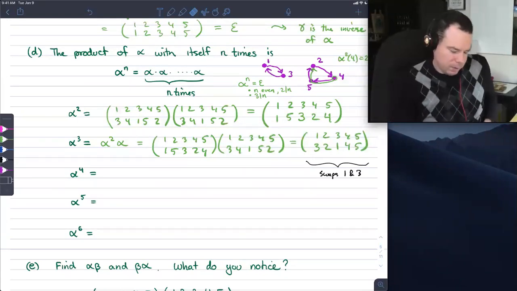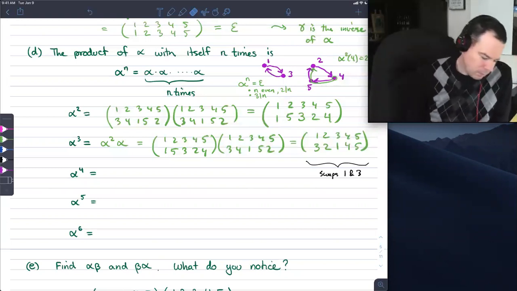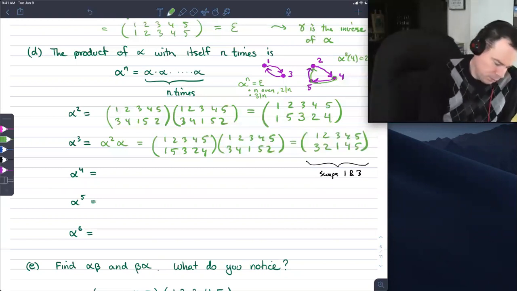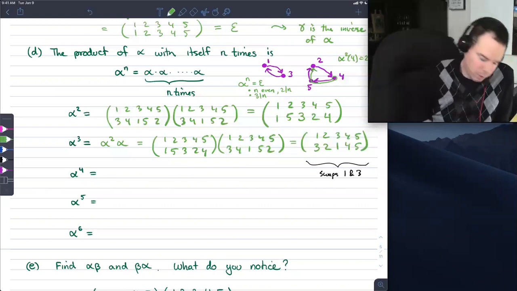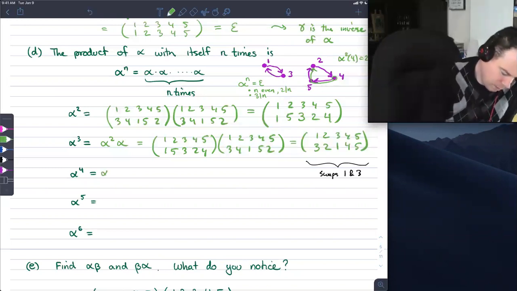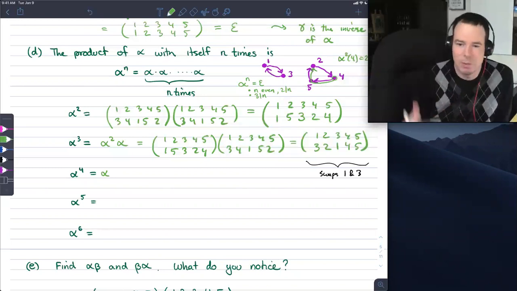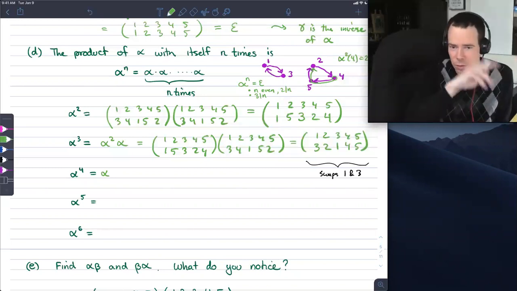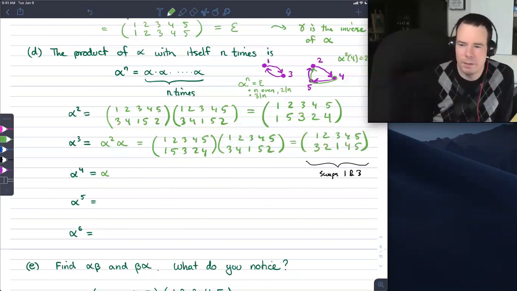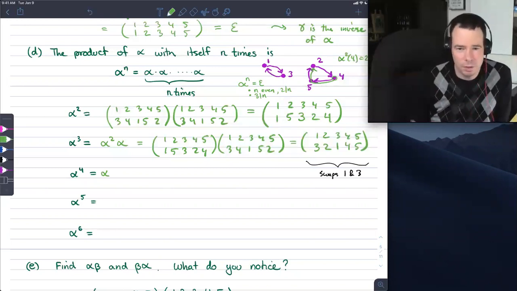Let's continue on with these examples. So alpha to the power of 4. We talked about this at the end of last day. We could write alpha times alpha times alpha times alpha, 4 times, and then do the whole trace through all the 4 arrays and see what comes out. Or we can be a little bit smarter.